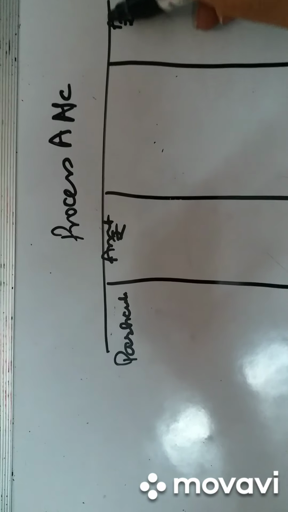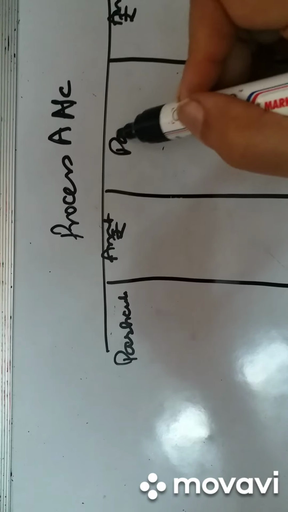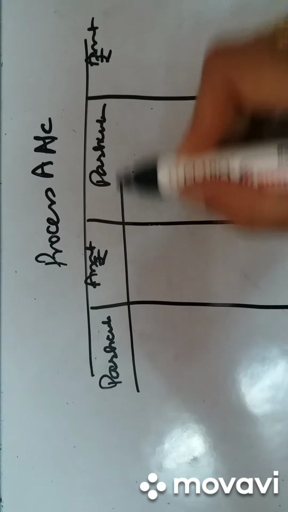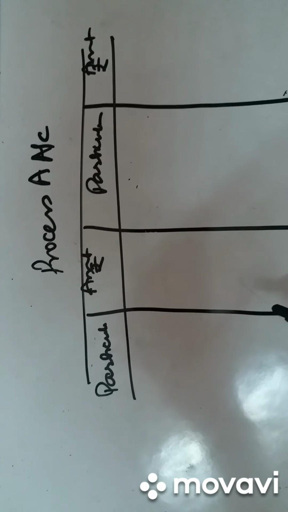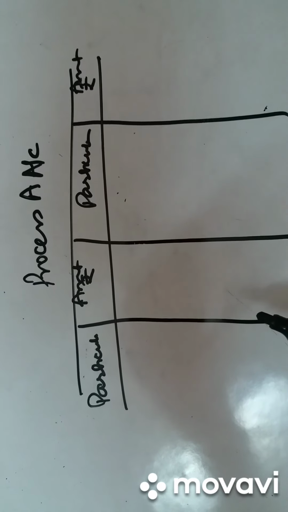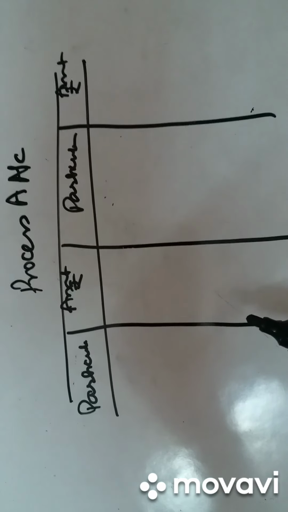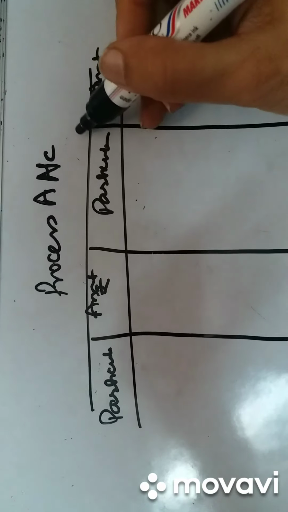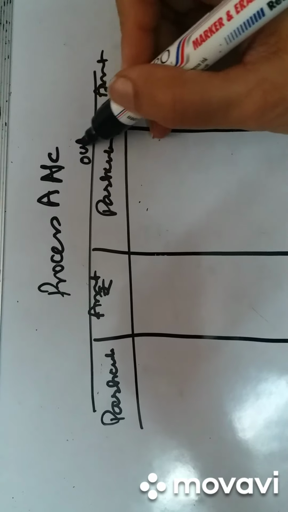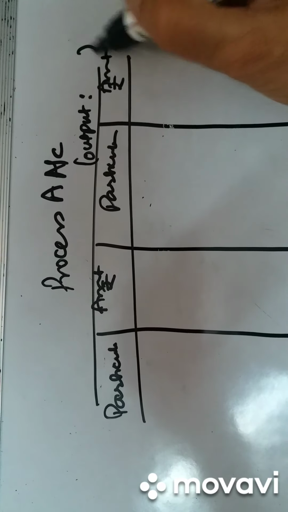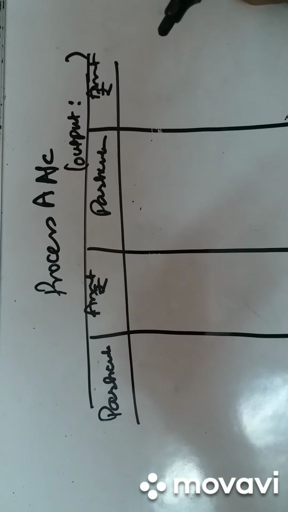This is the simple format. But what if they have given us certain units also? If they have given certain units also, then we will be writing out that output over here. So whatever output is for that time period, we will be mentioning over here.